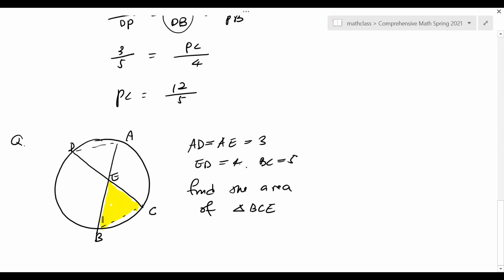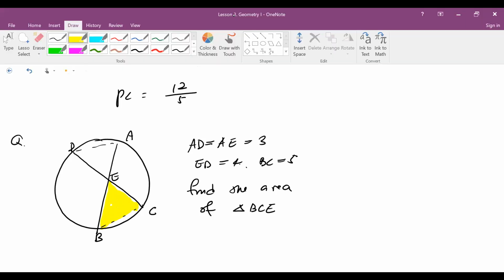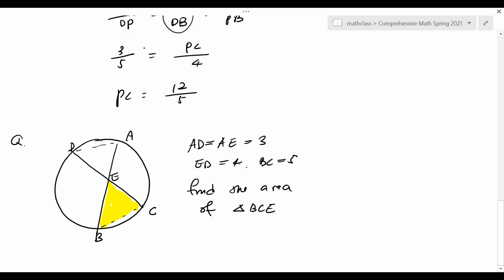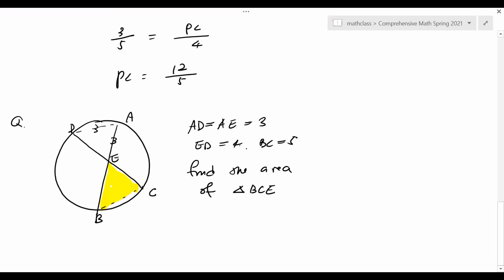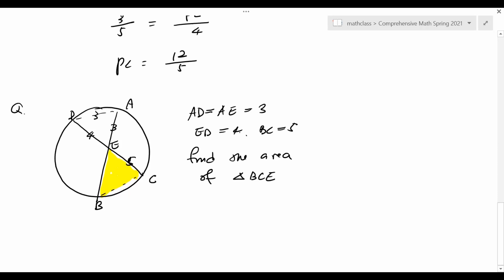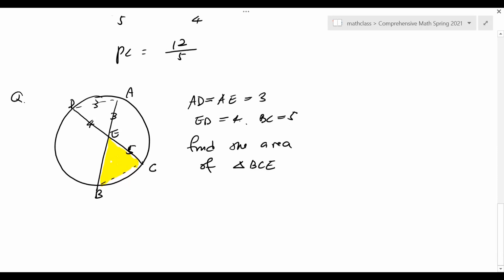What are we given? AD is 3, AE is also 3, so you get an isosceles triangle, right? And ED is 4. Then BC is 5, and you want to find the area of the triangle.